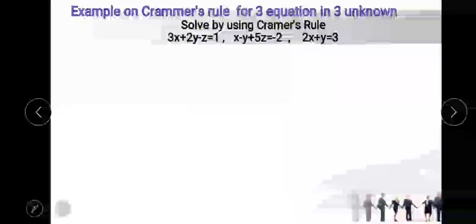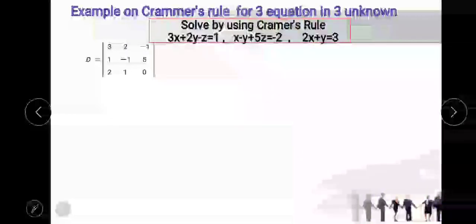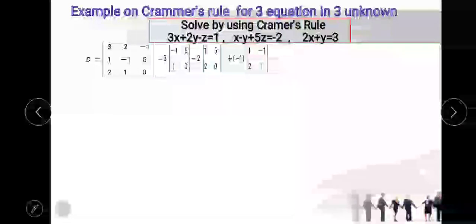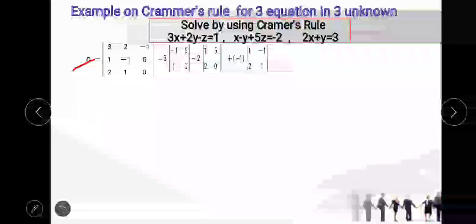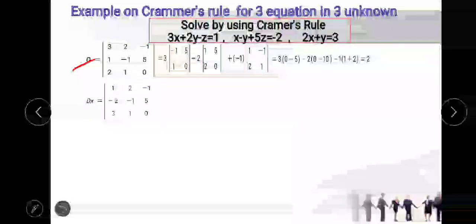So based on this, let us see the example. Solve the system of equations by Cramer's rule. Here the coefficient matrix will be 3, 2, minus 1, 1, minus 1, 5, 2, 1, 0. We take its determinant, that is d. Simplify it. Then dx. In the above determinant, just replace the first column by the constants on the right hand side.